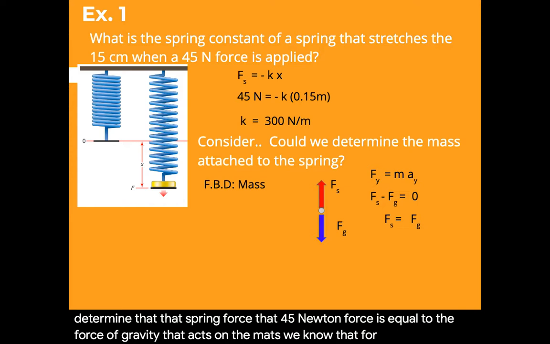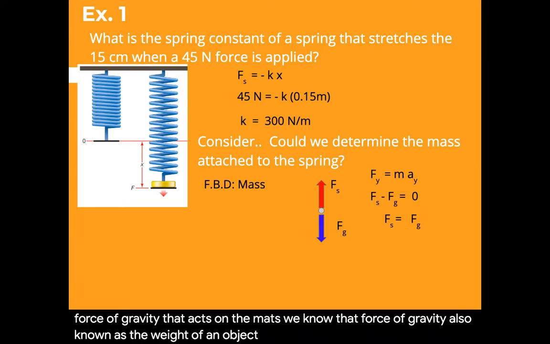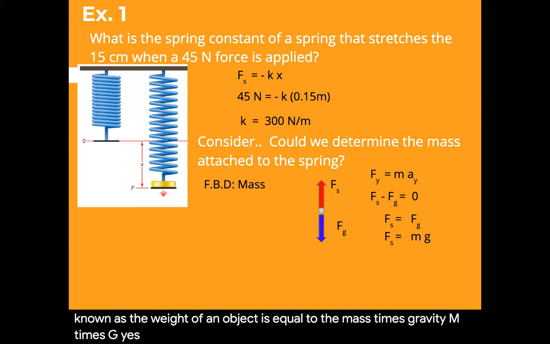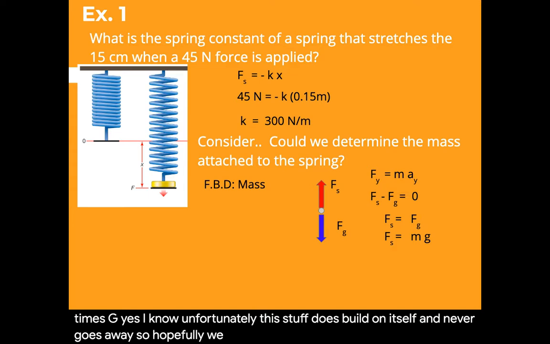We know that force of gravity, also known as the weight of an object, is equal to the mass times gravity, m times g. Yes, I know, unfortunately this stuff does build on itself and never goes away. So hopefully we still have this down from our force unit.